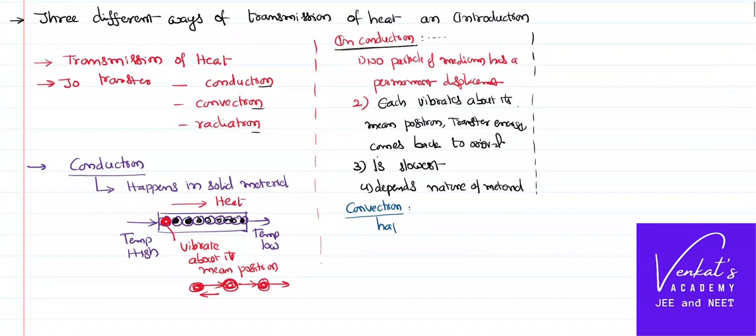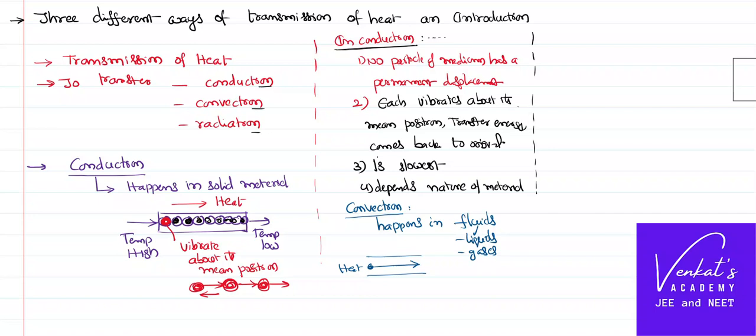If you want to talk about convection, convection is a way of transmission of the heat that happens in fluids. Fluids means that which flows, so both liquids as well as gases come into this category. If you imagine a fluid like this, any particle of a fluid, if there is heat, itself carries the heat from one place to another place.